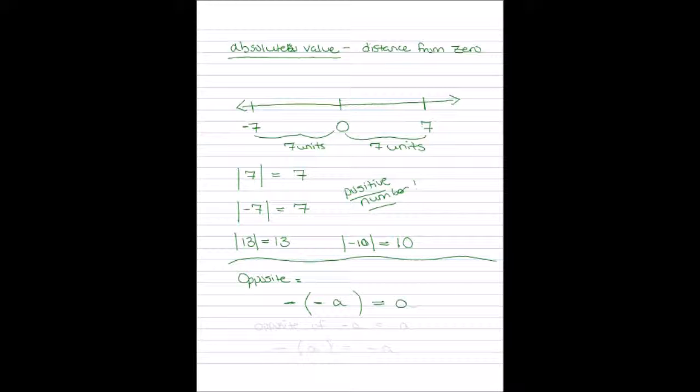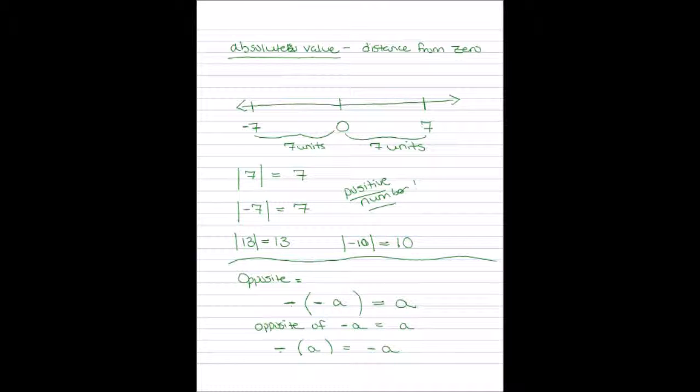So this is actually equal to a positive A. Another way that you can look at this is think this negative sign is like saying the opposite of negative A. Now the opposite of negative A is a positive A. And this is another way that you can look at the negative sign that's in front of the parentheses. You're always doing the opposite of what's inside the parentheses. So if I had negative A, the opposite of A is negative A.